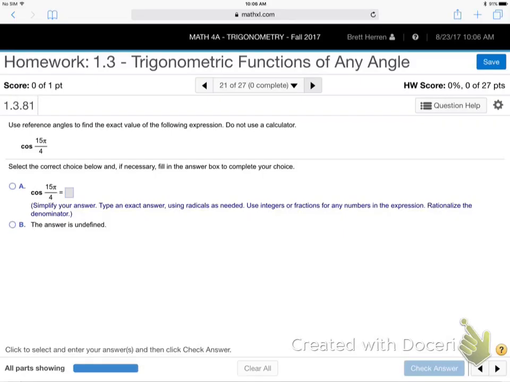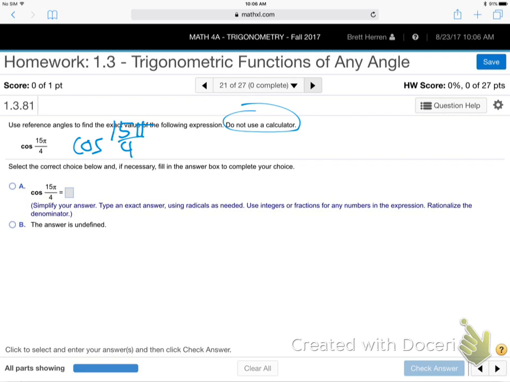Okay. Okay, so cosine 15 pi over 4. Again, this is no calculator, so we have to be able to do this without a calculator. 15 pi over 4. So I assume you're going to want to convert that to degrees, right?